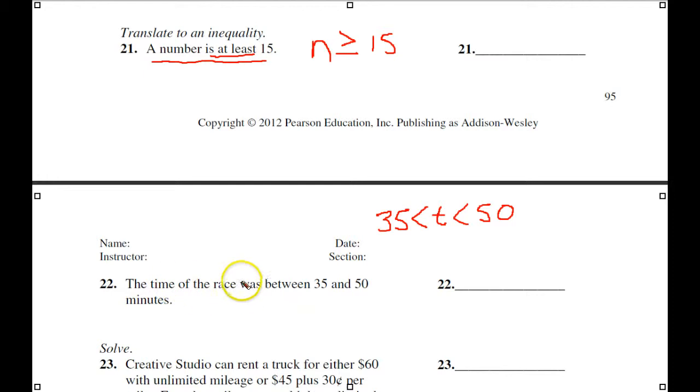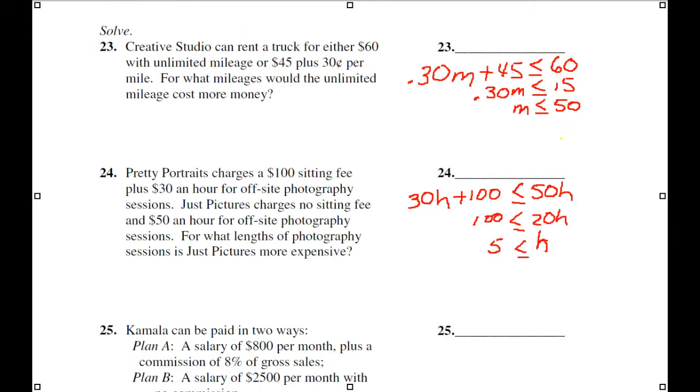Here the times of the race were between 35 and 50 minutes. So here's a compound inequality where the time is in the middle, and it would be greater than 35 and less than 50. That's how you would write it. All right, let's go on to work some problems.